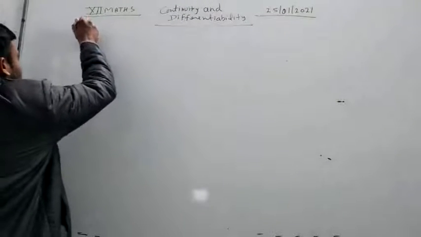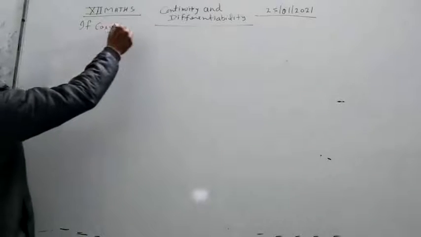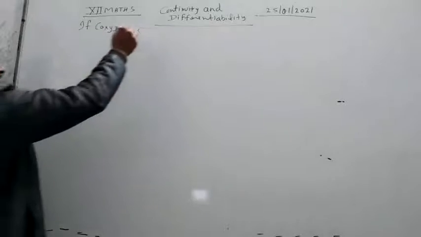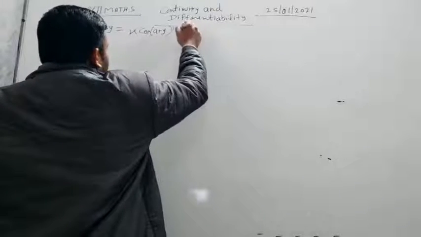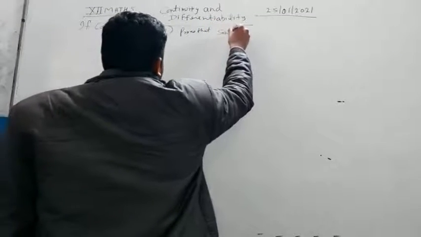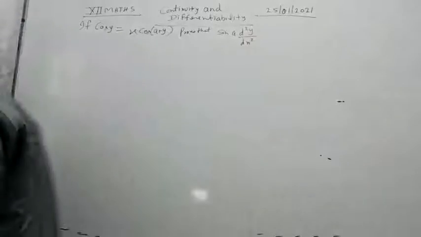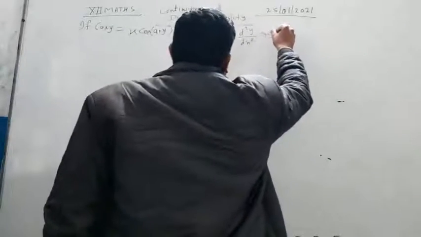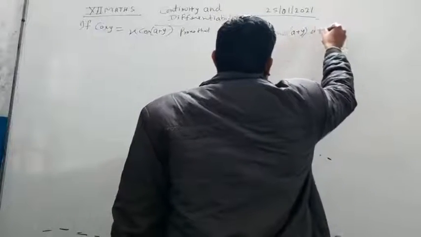If cos y is equal to x cos(a plus y), this is what we have given, then prove that sin a d2y by dx2 plus sin 2(a plus y) dy by dx is equal to 0.